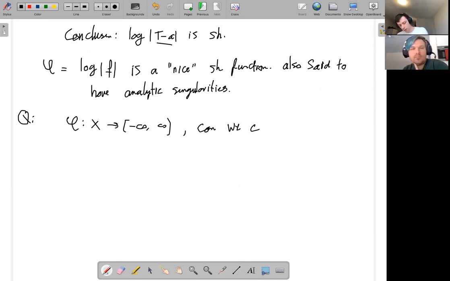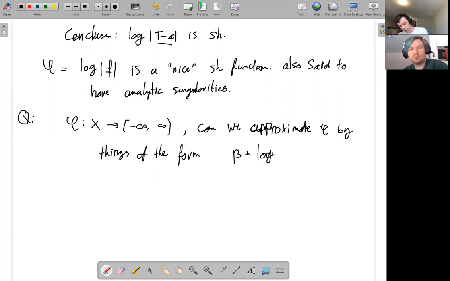Can we approximate it by things of the form beta plus log, wait, I guess it was something like this, alpha i. And this is bounded.